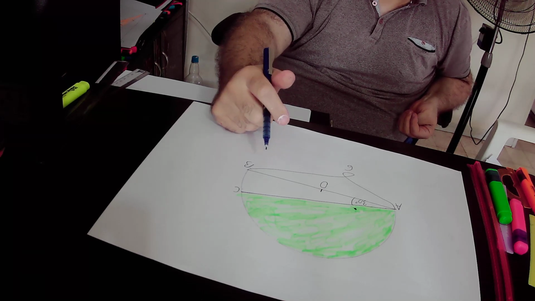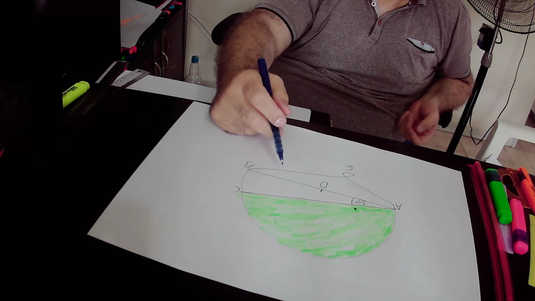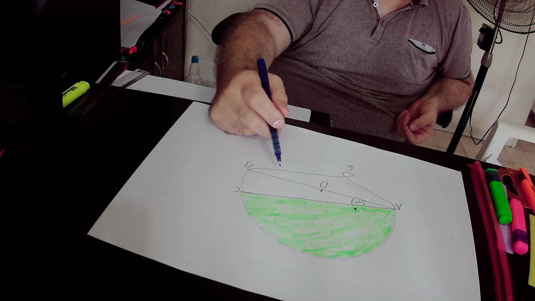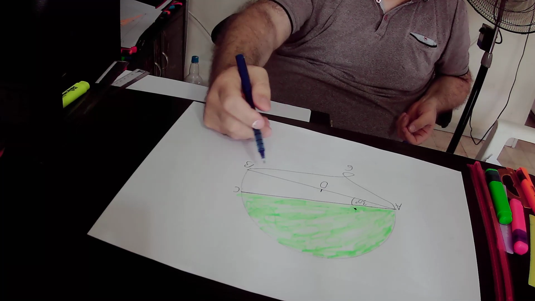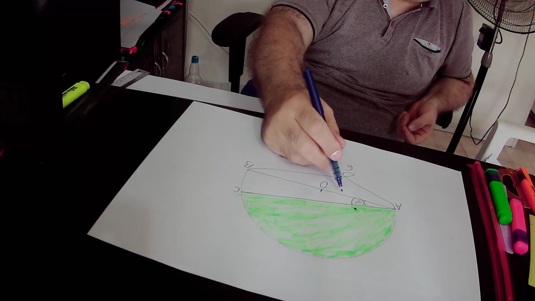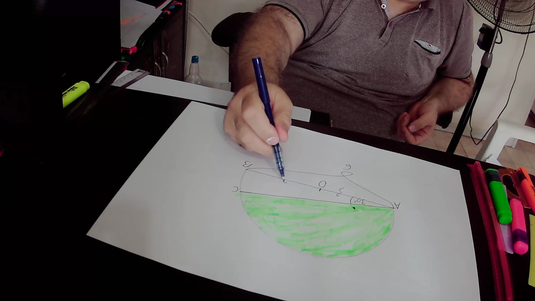And we know that the diameter of this semicircle equals 6 units. Therefore, the radius must be equal to half of it. That is to say, 6 over 2 is 3. So the radius AO equals 3 units. The radius OB is also equal to 3 units.